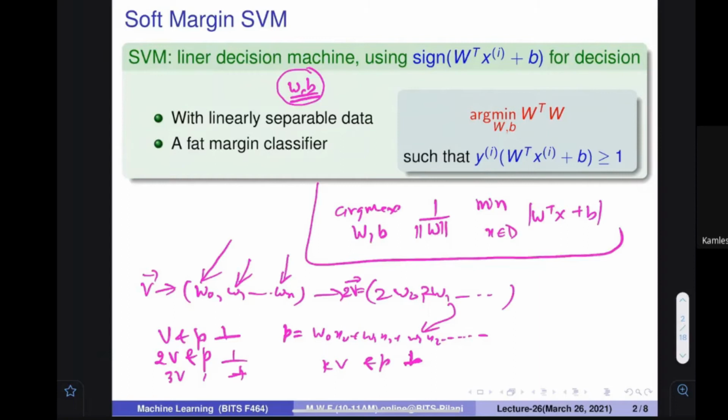Make sense? So if you are allowed to change the values of these parameters, you can just linearly scale this parameter, and you are actually not going to change anything in terms of the decision boundary.